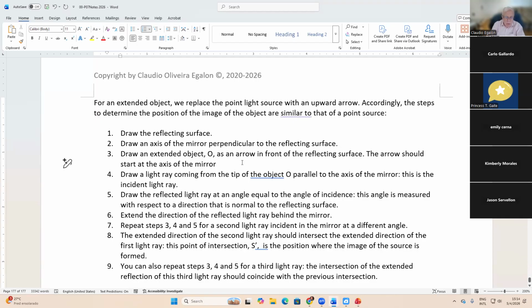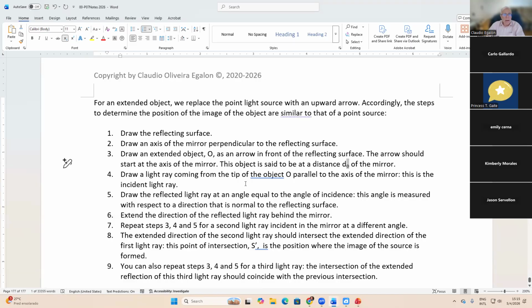This object is said to be at a distance d naught of the mirror. Here you go, right here.